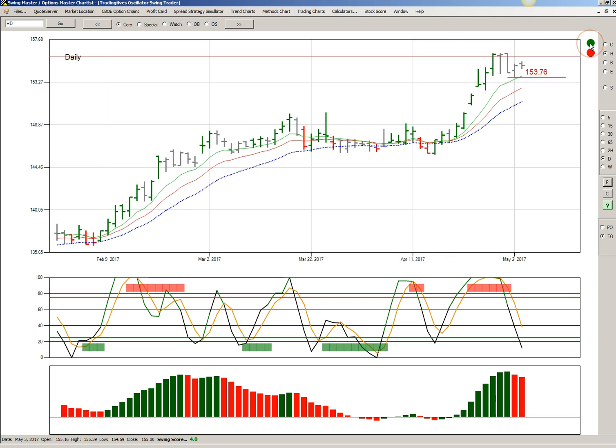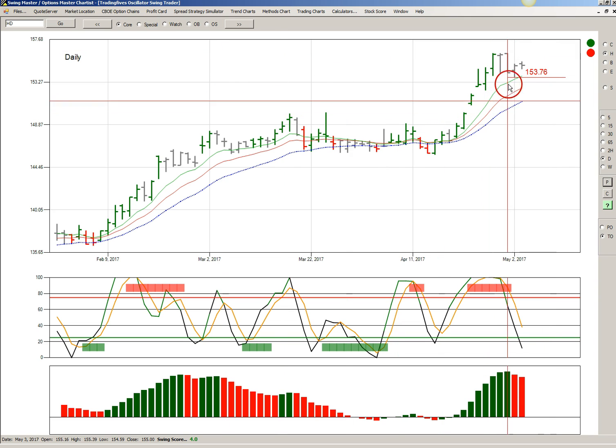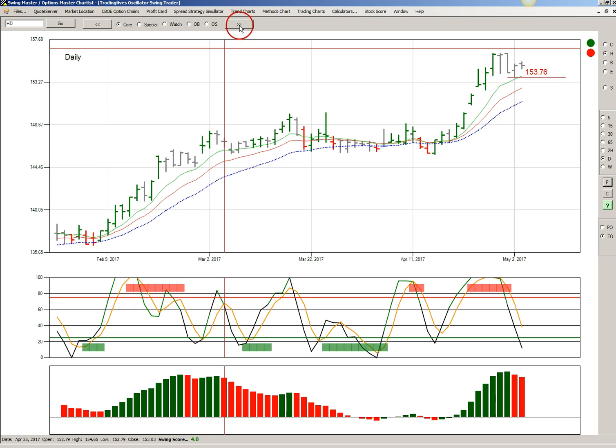We can see the trend for the higher time frame, weekly, is up, and you want to be a little more hesitant about accepting those trades. Although recently some of the star performers have taken some pretty big tumbles even out of weekly bull trends, so that's really a matter of preference. I think generally you're going to be better off if the upper traffic light, the weekly time frame, is red. So this is a signal that has not yet executed.